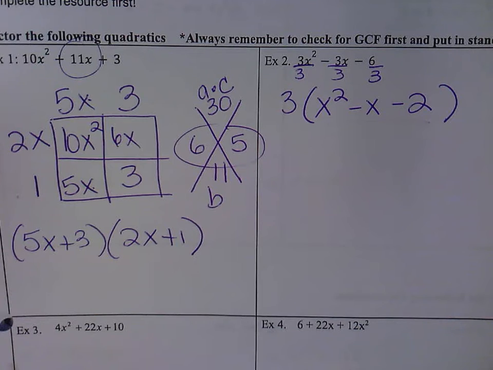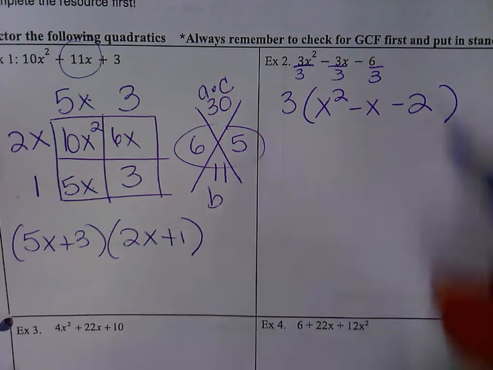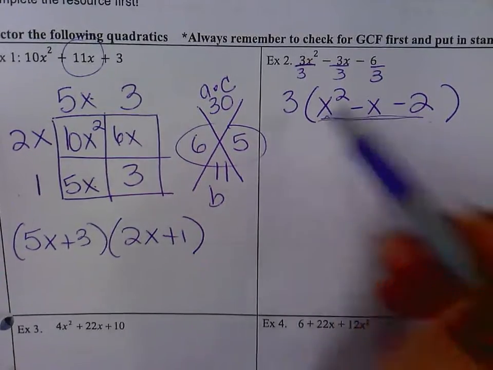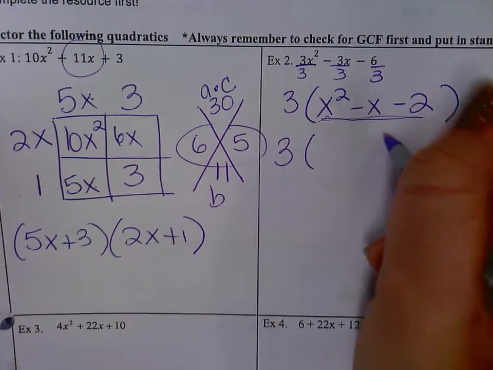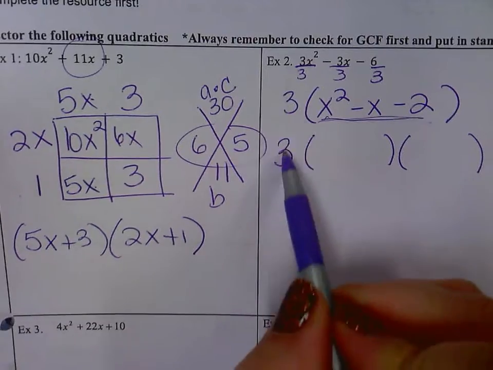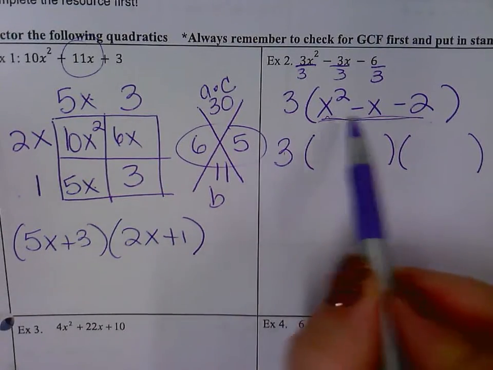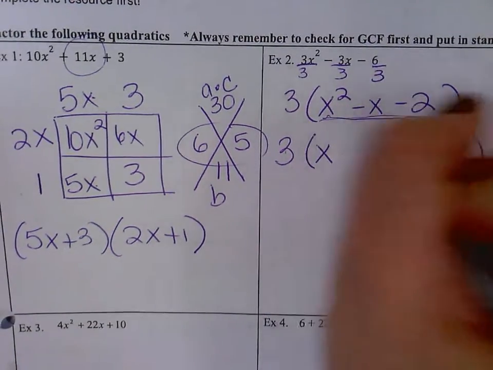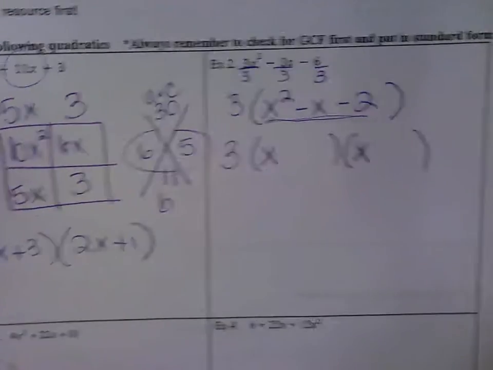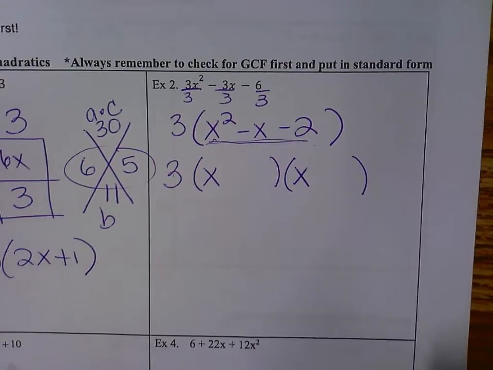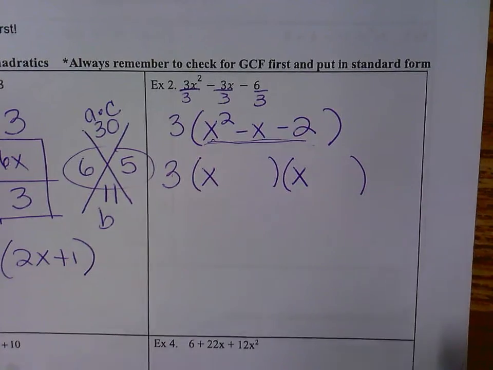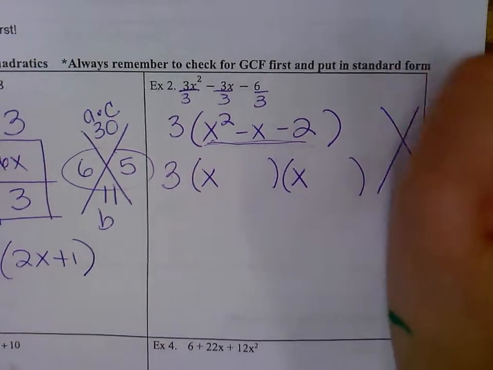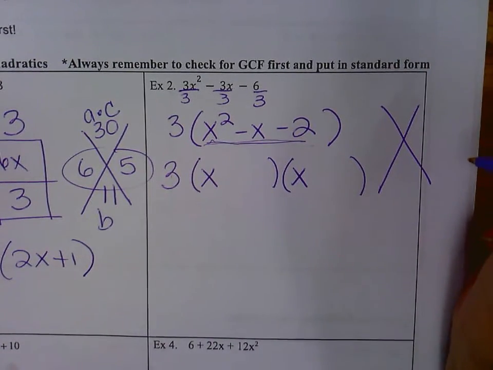You're only doing the diamond method on these 3 terms. The 3 is just going to be part of our answer at the end, so you can copy the 3 down, and then we're trying to factor this. I put an x in each line of 3 terms, put an x in each. That's what I teach.